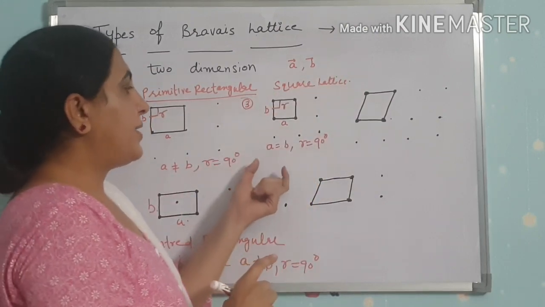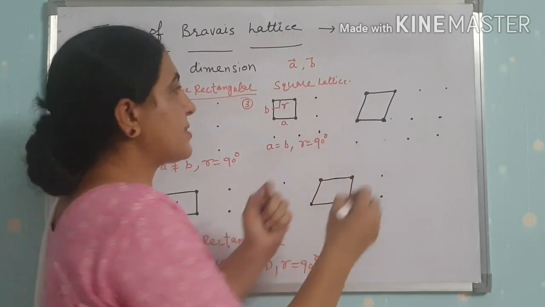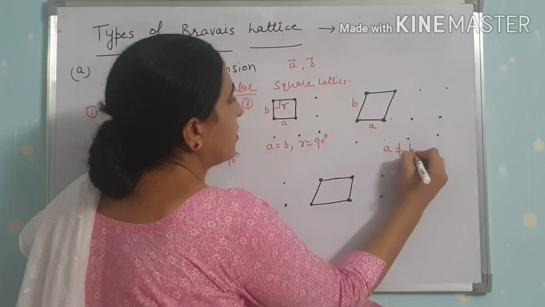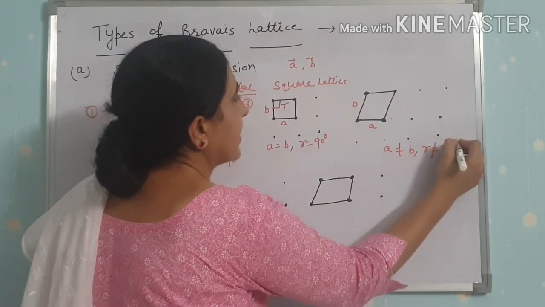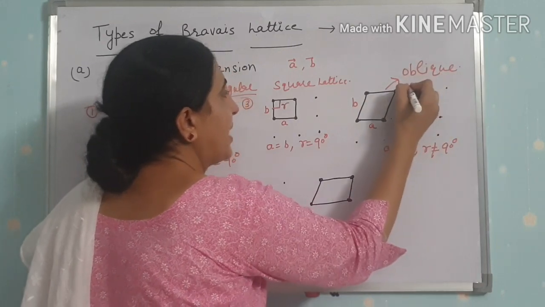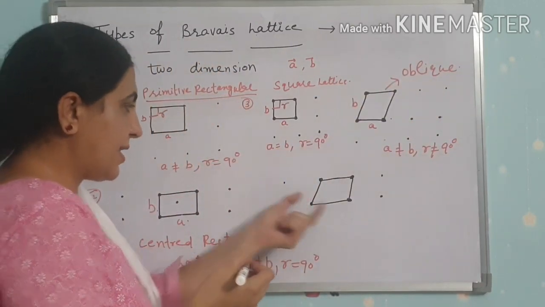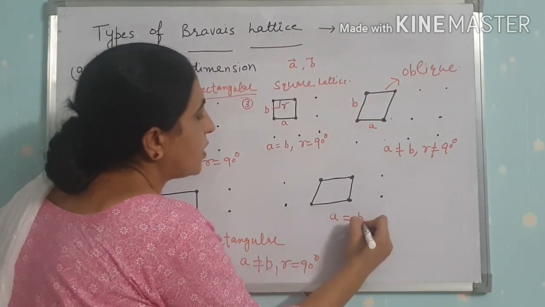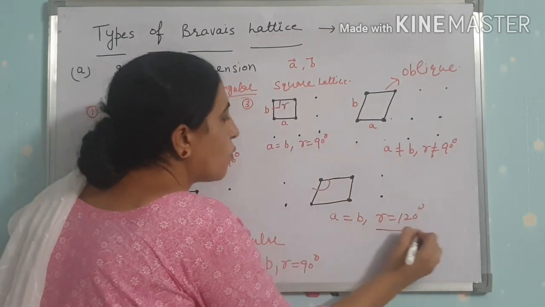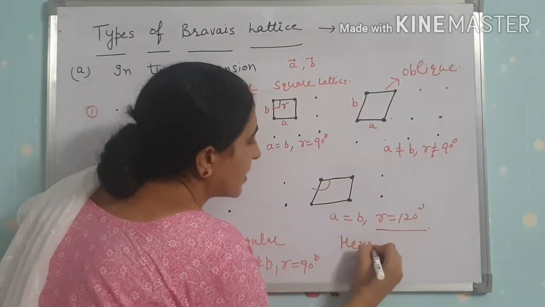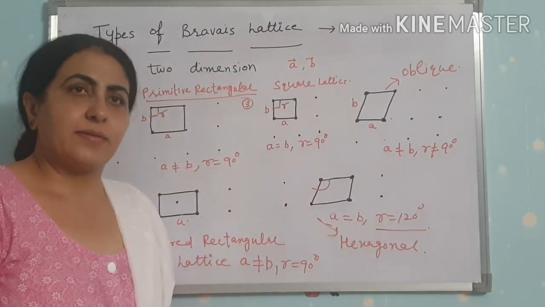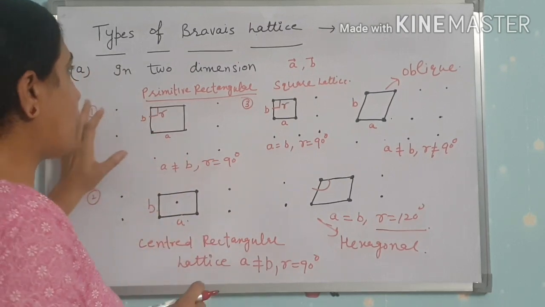And in this one, a is not equal to b, and gamma is not equal to 90 degrees; this is the oblique lattice. And in this one, a is equal to b, but gamma is equal to 120 degrees. So this is the hexagonal Bravais lattice. So in two dimensions there are 5 types.